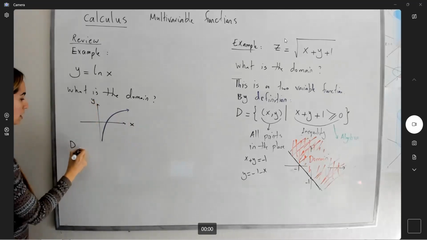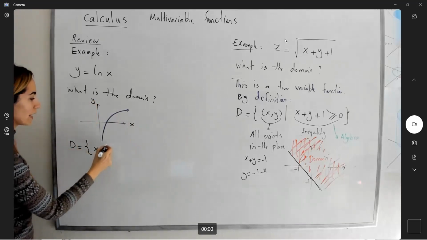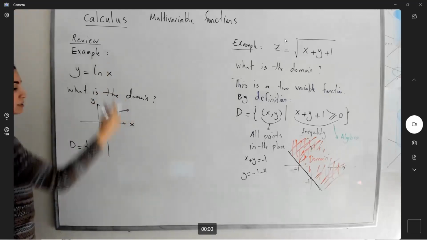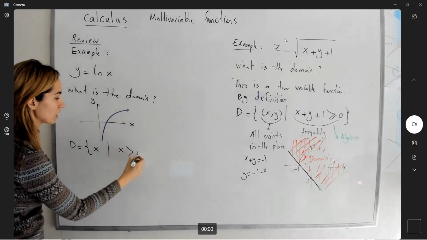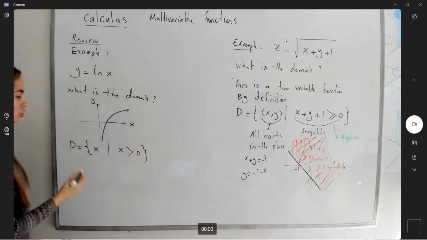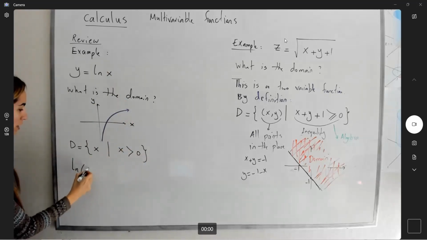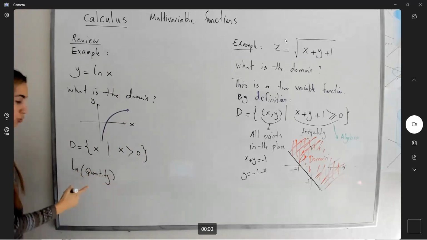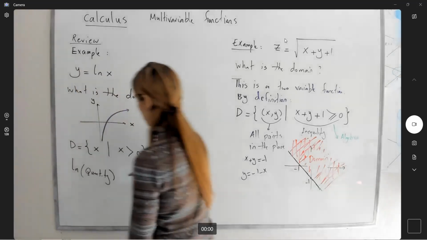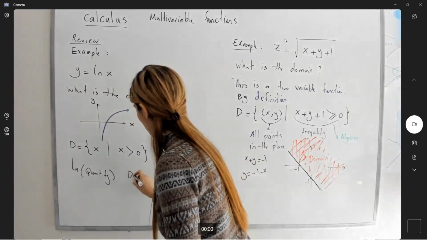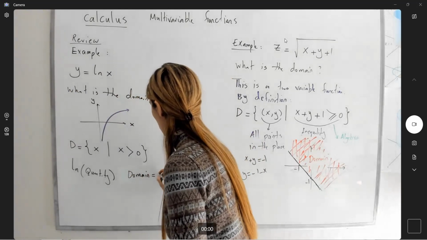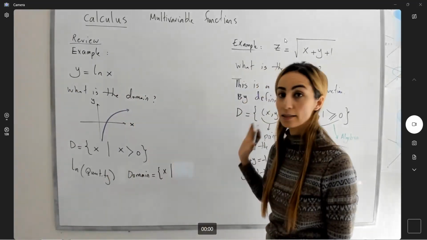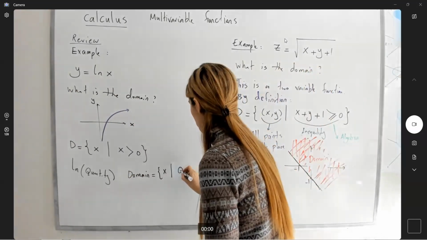So the domain is equal to the set of all x values such that this quantity, whatever it is, is larger than 0. So in general, if you have ln of a quantity, to find the domain, it is all x values such that that quantity, including x, is larger than 0.